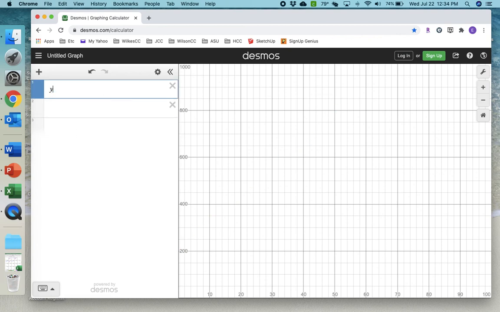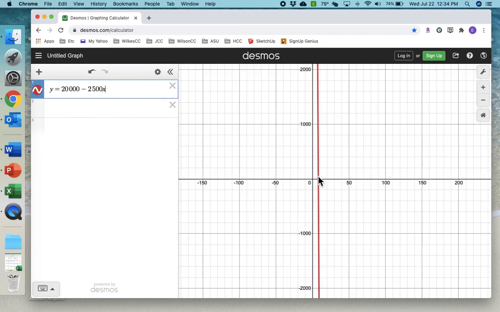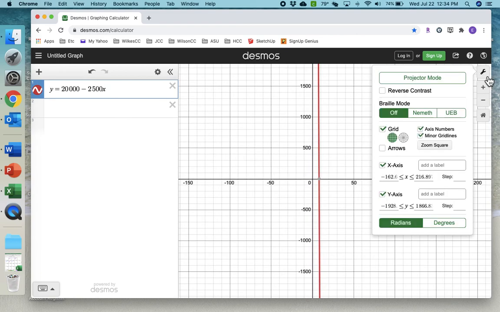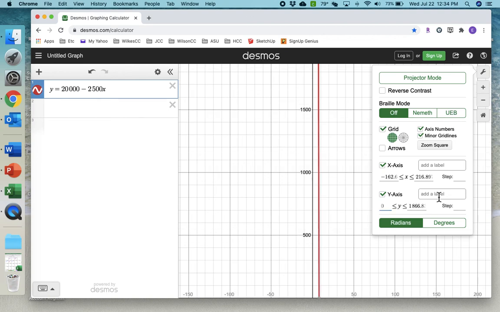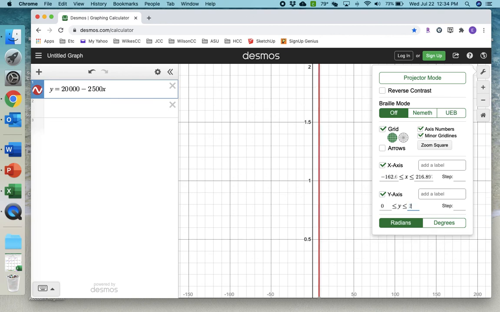We can put y equals 20,000 minus 2,500x. And we would need to change our viewing window again, of course. So the y values need to go, this was a bank account, so from 0, and it started at 20,000.